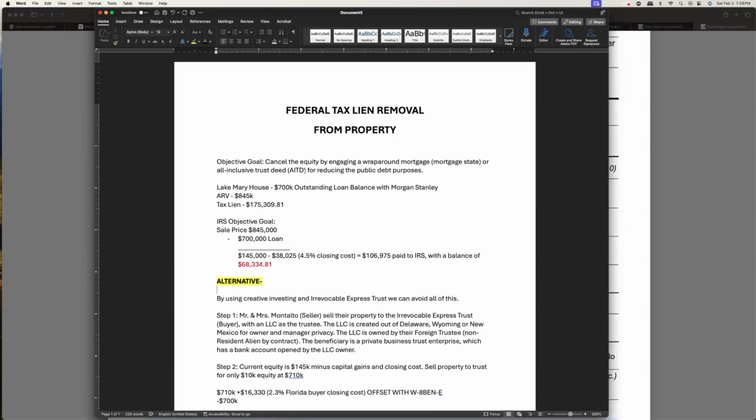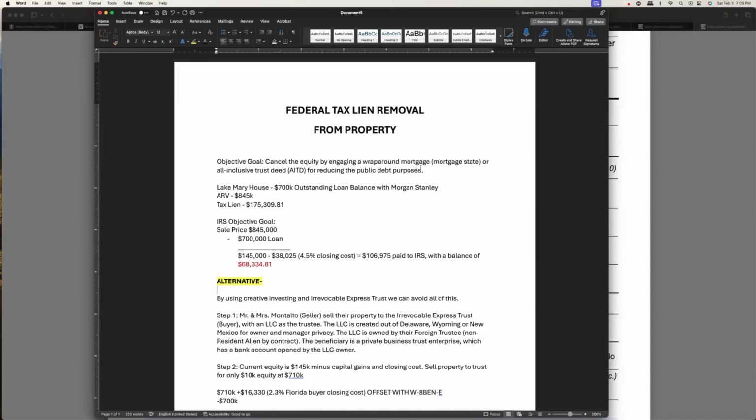They're coming after the equity if the property is ever sold. That's called proceeds. They would take it from the proceeds and apply it to the debt. So we need to cancel that equity by engaging a wraparound mortgage. That's what they call it if you're in a mortgage state, or an all-inclusive trust deed, AITD, if you're in states like California or Nevada.